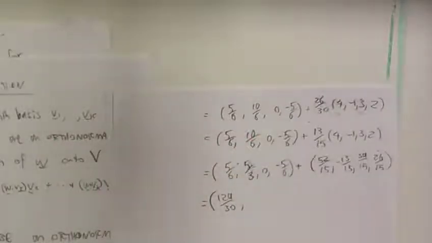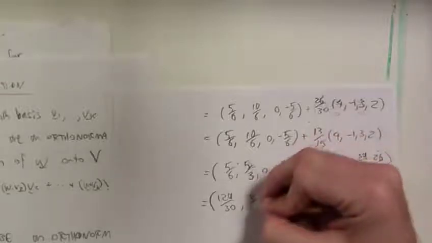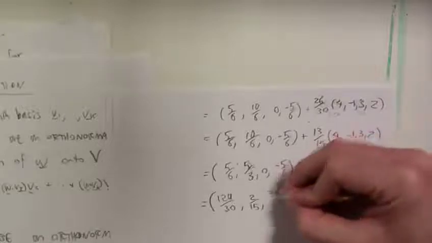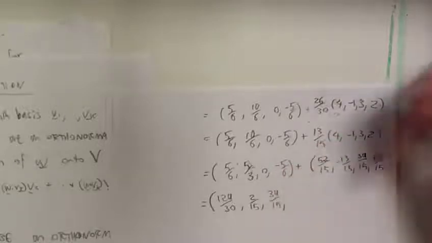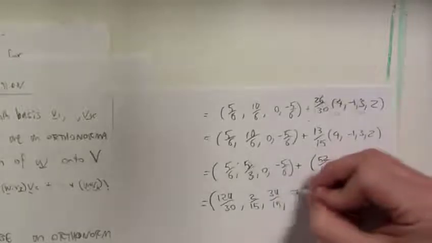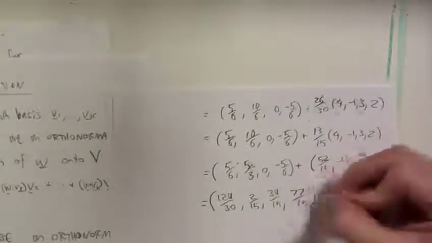So 15 minus 13 would be 2. And we've got 25 on 30 plus 52. 25 plus 52 would be 77. Is that 120 something? That's 129.